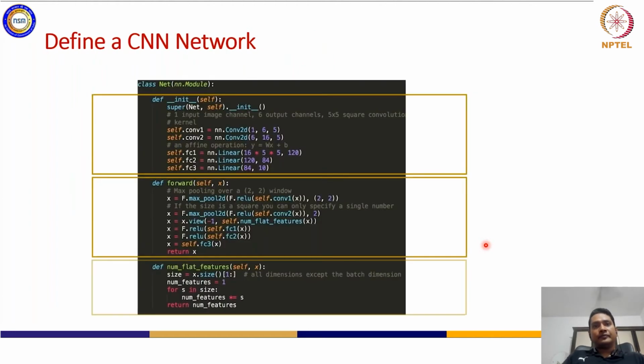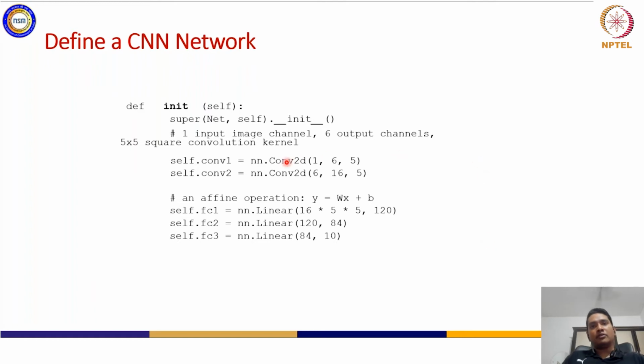So here, by defining this Conv2d function, we are defining that this convolution layer will have one depth, because that is equal to the number of channels available inside your input image, which is a grayscale image, so one. Then the number of filters, and the kernel size. Here we are using a 5 cross 5 square convolution kernel. That is why 5.